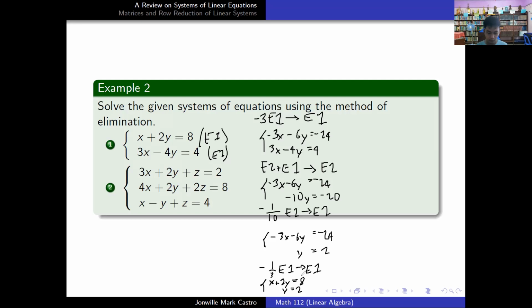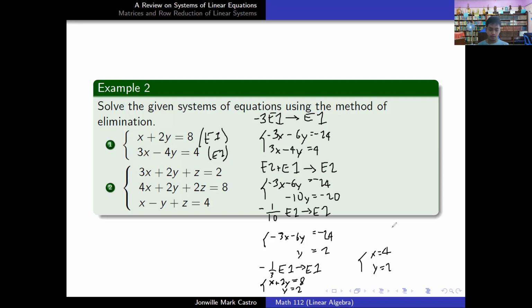Okay. So, ngayon, isa-substitute natin yung y dun sa first equation. So, we have x plus 2 times 2 equals 8. So, 2 times 2 is 4. Then, transpose. So, we have x equals 8 minus 4, which is 4. So, x equals 4 and y equals 2.